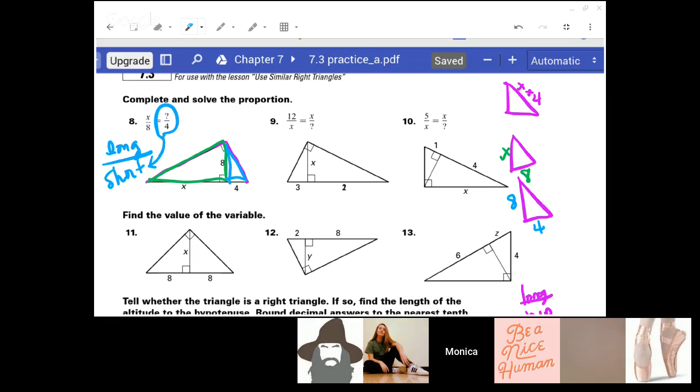Okay, so then do we know the long side of the small triangle? That's what would go on top, because remember the long side goes on top. So that's going to be 8 over 4. Does that help make it more clear?